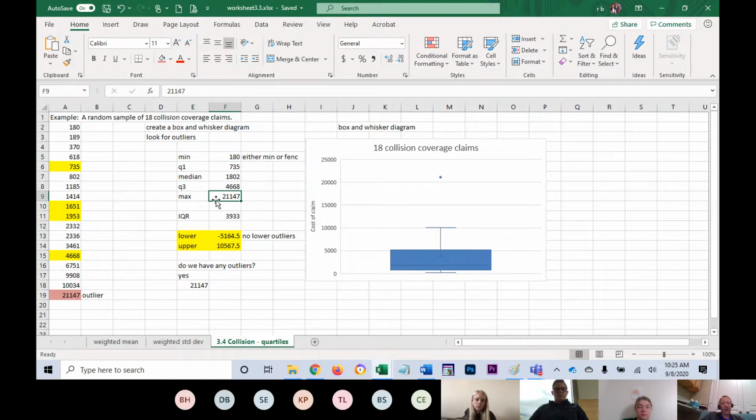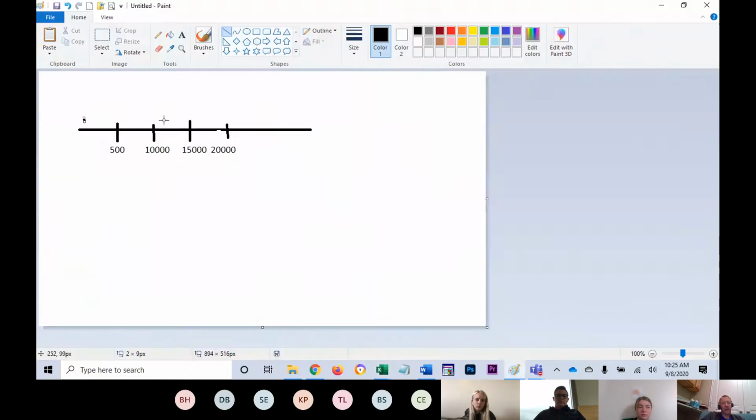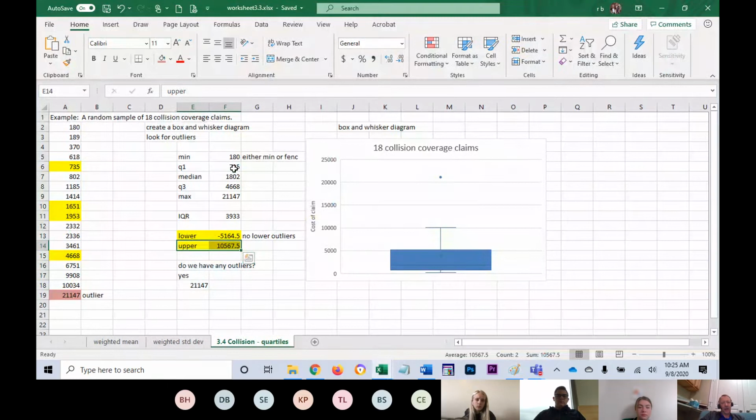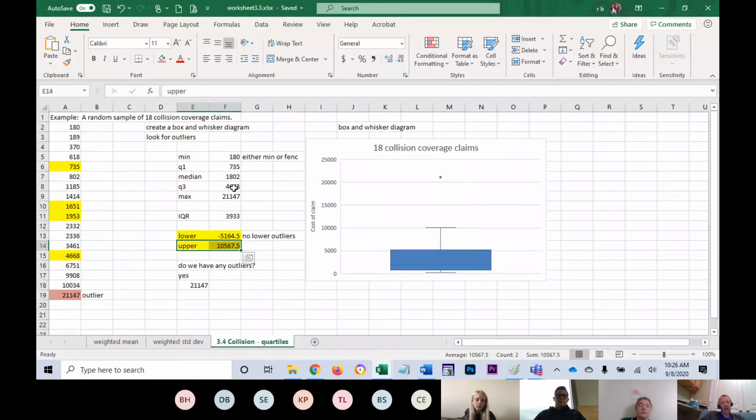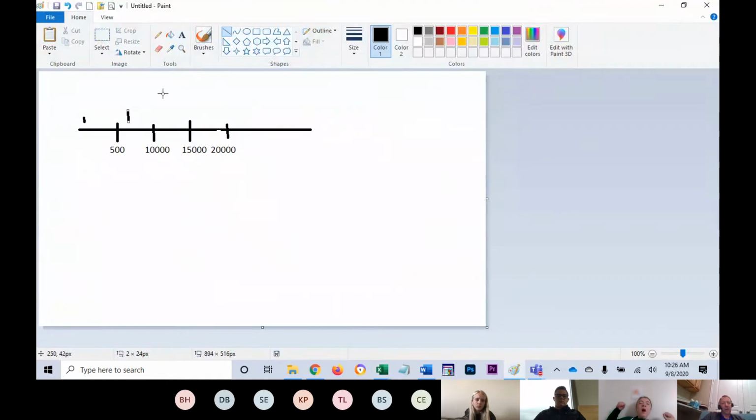Because in the maximum, I do have an outlier, so I'm going to use the fence as my upper value here, okay? So I'm going to put a line at the minimum. I'm going to put a line at 735, which is approximately right here. I'm going to put another line at 1802.